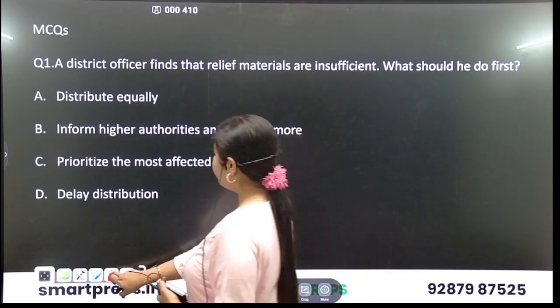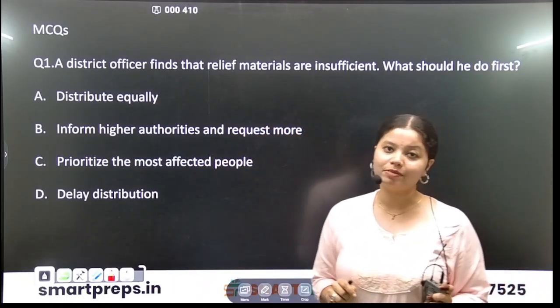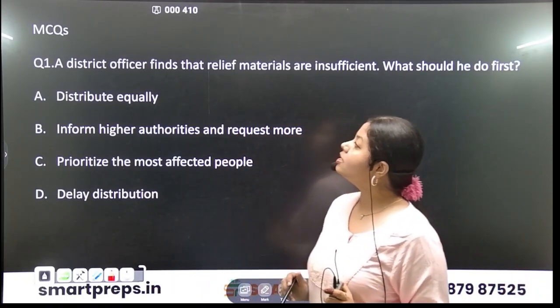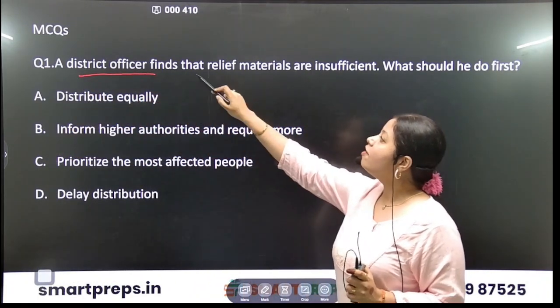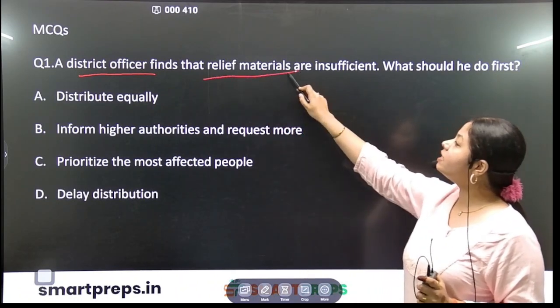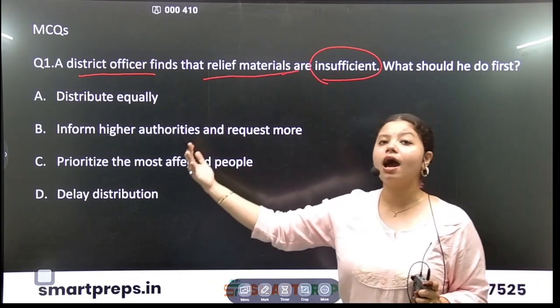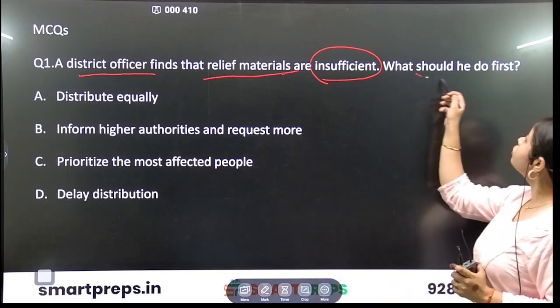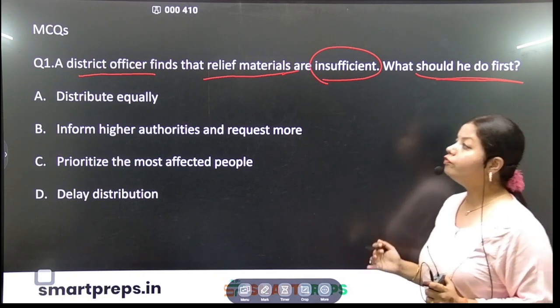Now moving on, we have understood the whole concept. Now let's solve some MCQs. The question is: a district officer finds that the relief materials are insufficient. What should he do first?